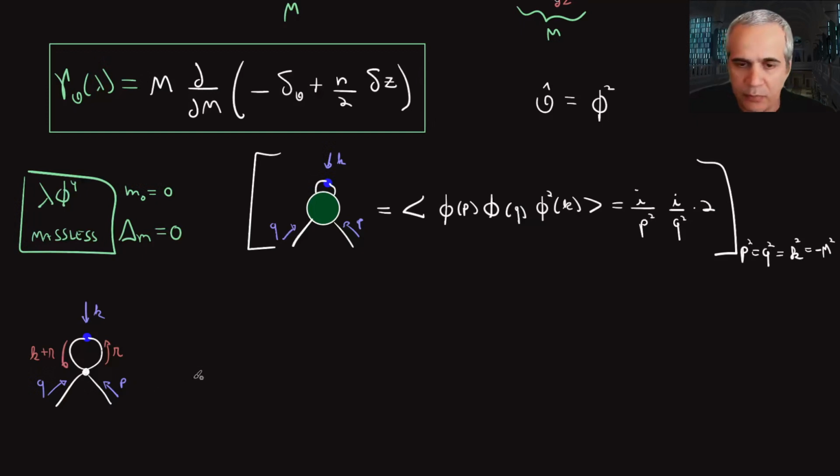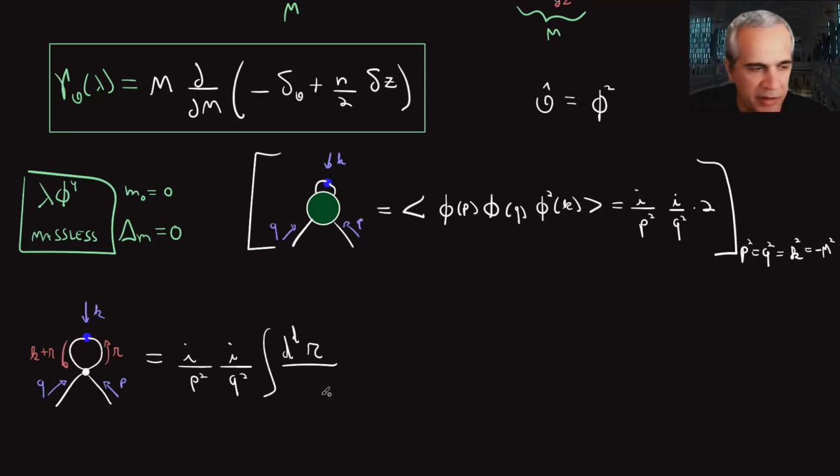Now, I can write the Feynman rules for this diagram. This is i over P square, i over Q square. Now I have different momenta on each side of this loop, so there's no symmetry factor, right? I can do this integration in d dimensions because that's the regularization I'll use.